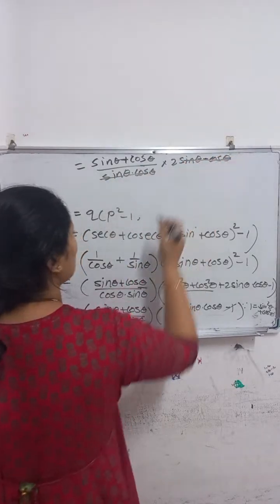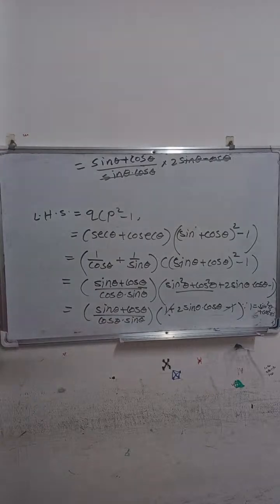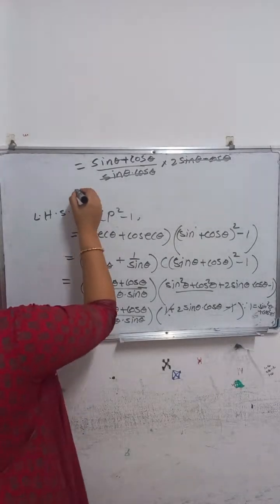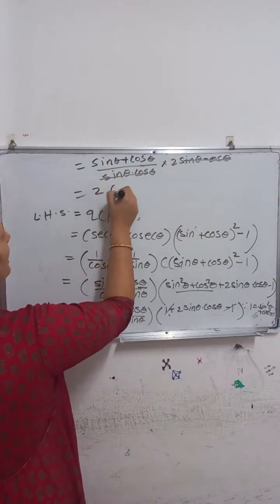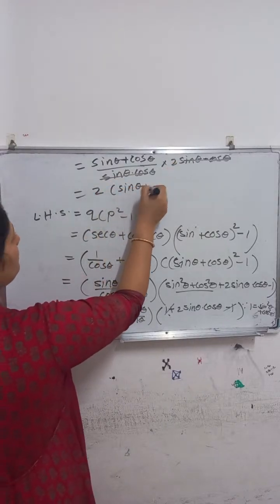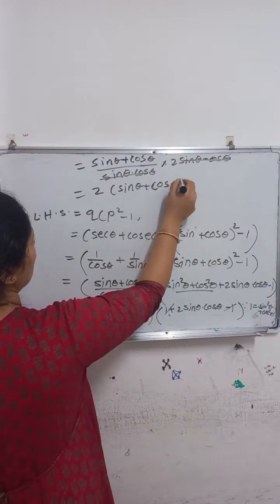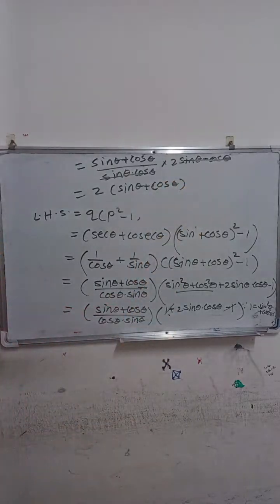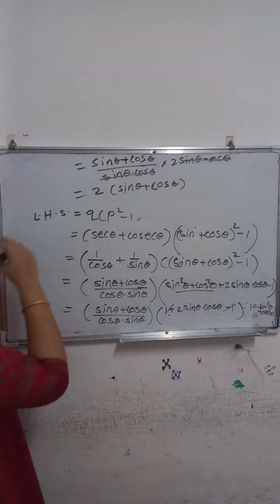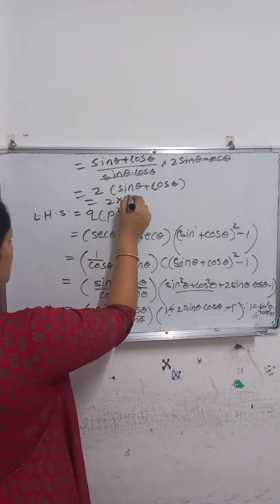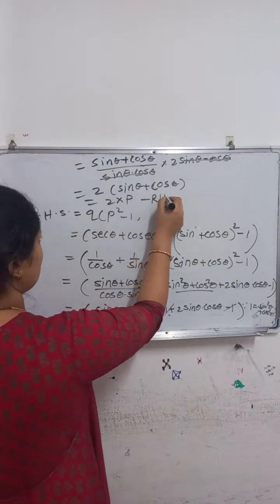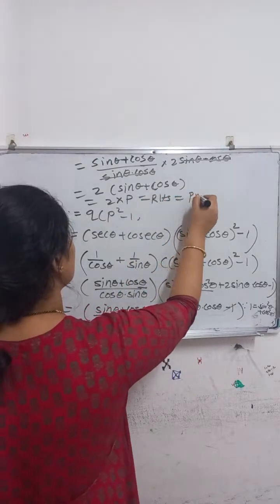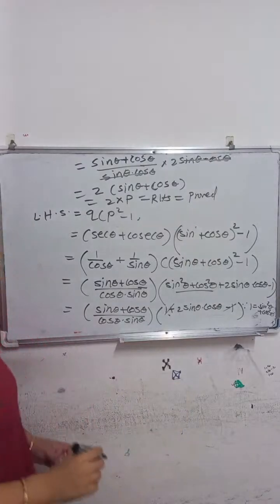These terms entirely get cancelled, and what we have to prove is 2P. So 2 into sin theta plus cos theta. If you check the given quantities, cos theta plus sin theta is nothing but your P. So 2 into P. This is nothing but your RHS, and this is your proof. Hence we proved this.